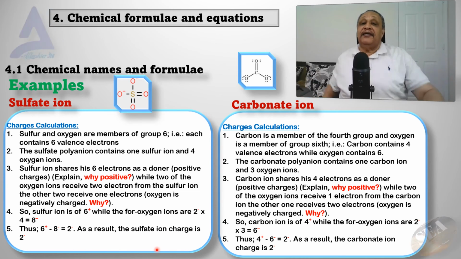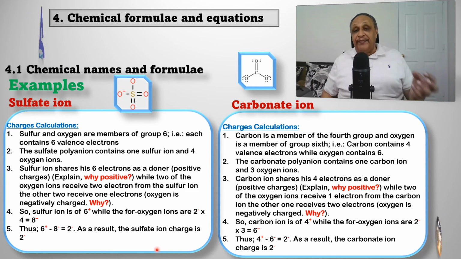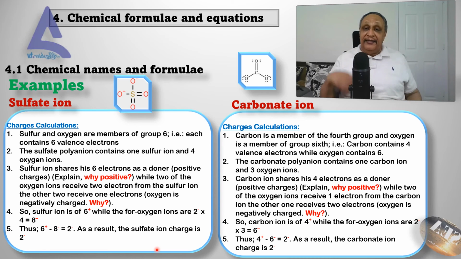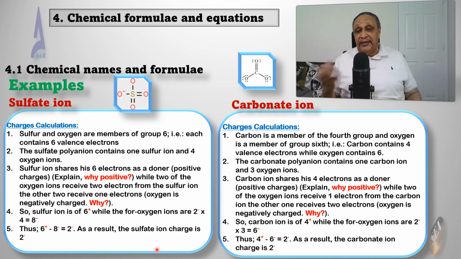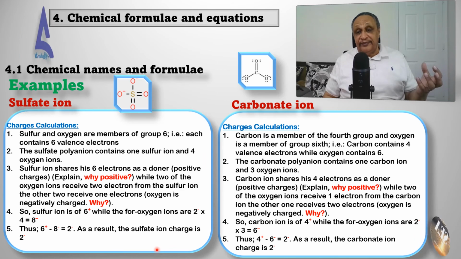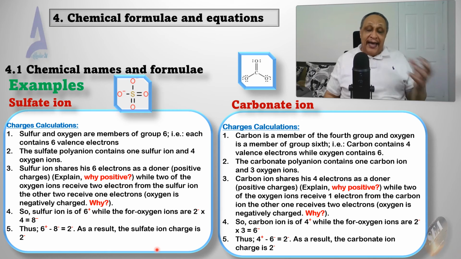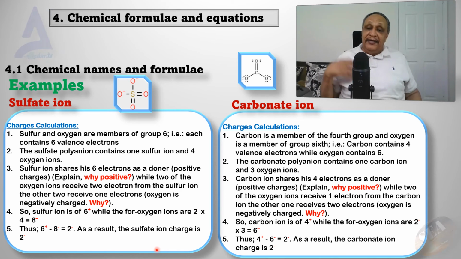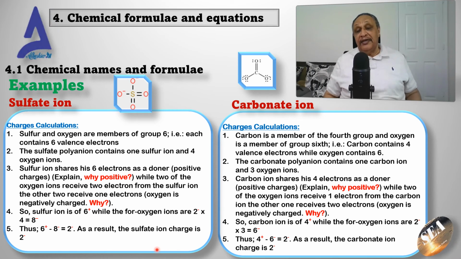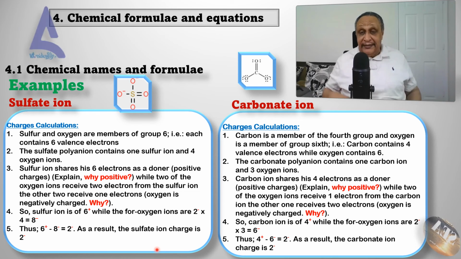The same thing we are going to do when we deal with carbonate. Carbonate is formed of 1 carbon atom and 3 oxygen atoms. The carbon atom has 4 in its last orbit, while the oxygen has 6 in the last orbit.